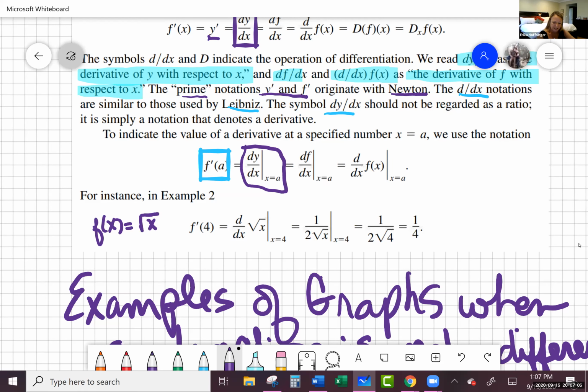One way to say this is f prime of 4, or we can say d dx of square root of x, with that vertical line, x equals 4. Once you take the derivative, you'll find that the derivative of f of x is 1 over 2 square root of x. And if we plug in 4 wherever we see x, we get what the derivative is at x equals 4 for the function square root of x.